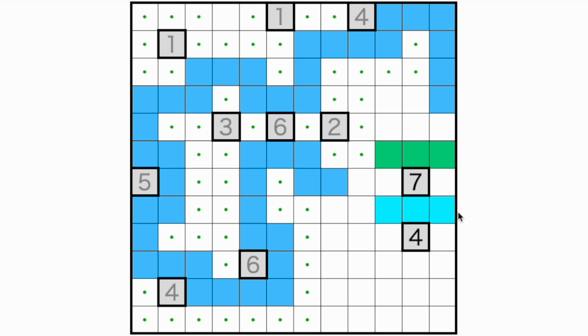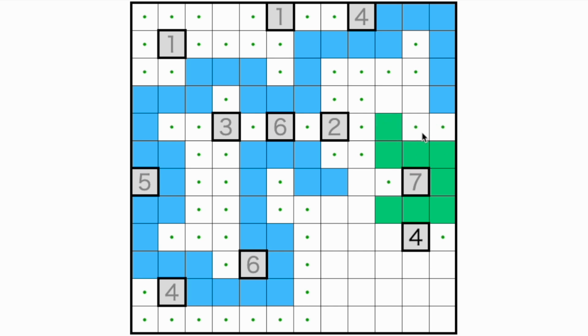If we make a C that is open on the right side, then this has to come down and down again, and that's going to break the 4 clue. So it has to be this shape, and we can mark a couple cells here as unshaded for sure.